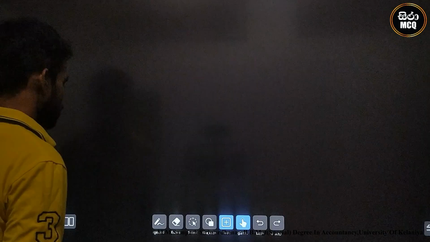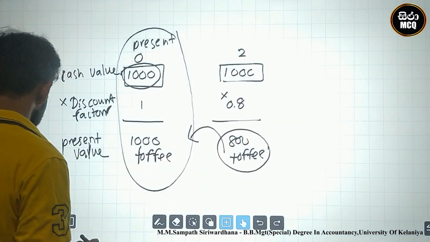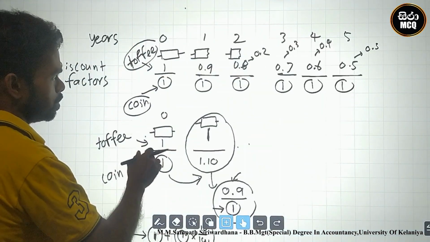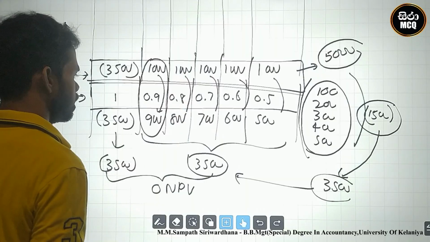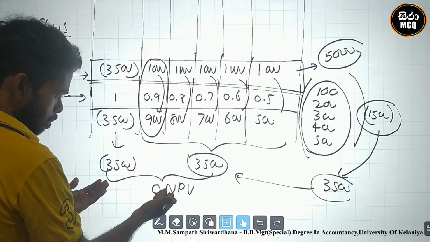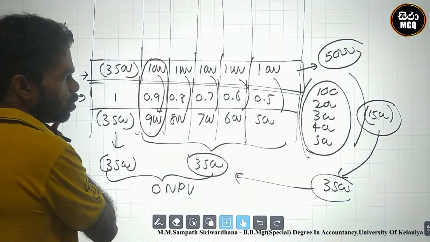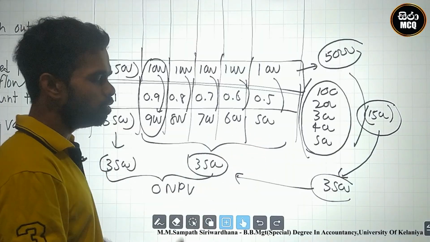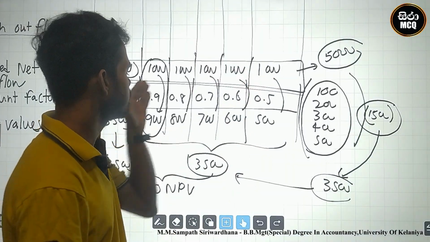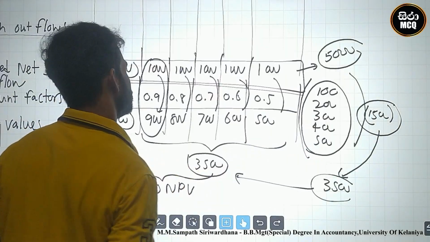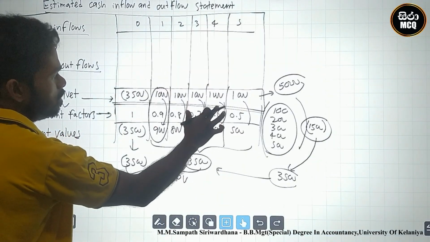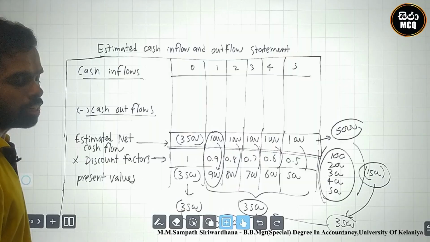No. This is the net present value calculation. In the NPV calculation, we consider all years' cash inflows. Look here, this is all years, there are 5 years. All 5 years are considered in the net present value calculation.